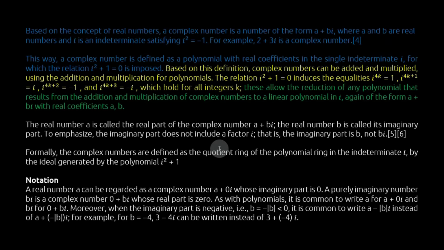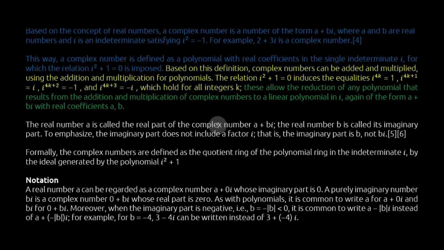The real number a is called the real part of the complex number a plus bi. The real number b is called the imaginary part. So we are still being introduced to these types of numbers. We are told that there is this part which is the real part, the other part is called the imaginary part.